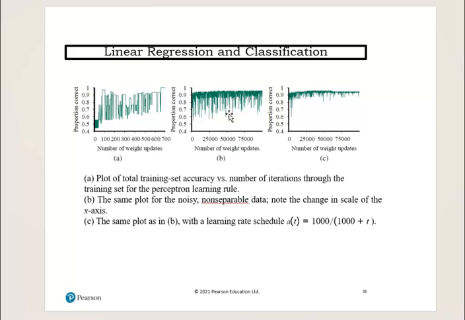Now, what happens if the data points are not linearly separable? We can't find a straight line boundary between the two classes. This situation is very common in the real world, obviously.